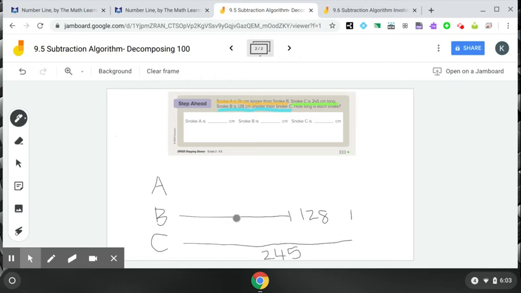other part. And snake A is longer than B, okay? And snake A is longer than B by 36 centimeters.